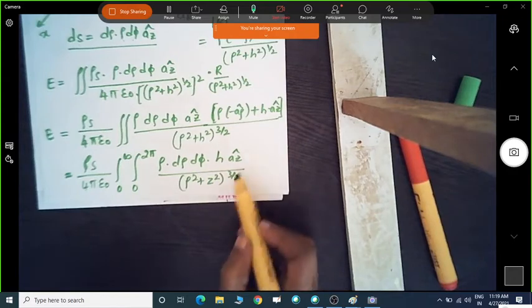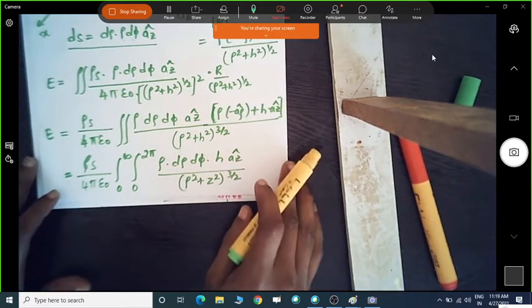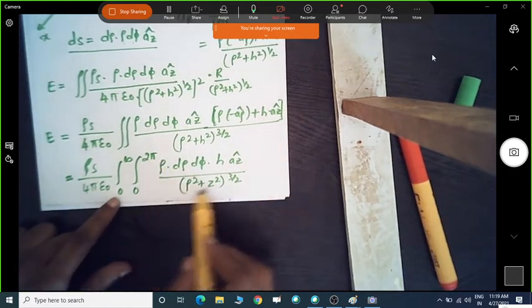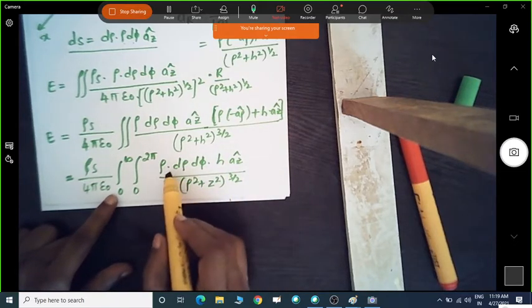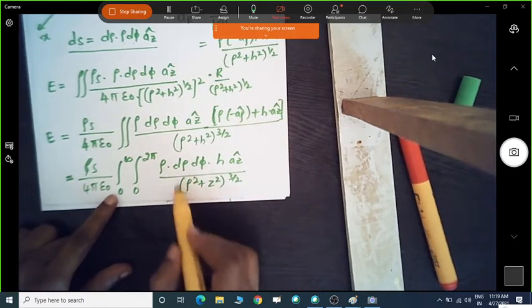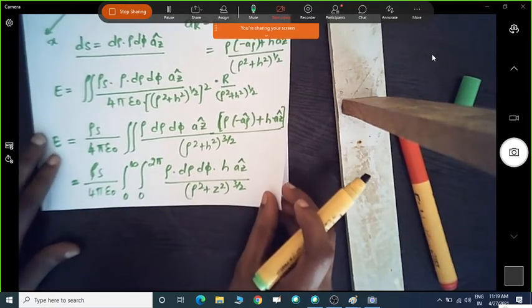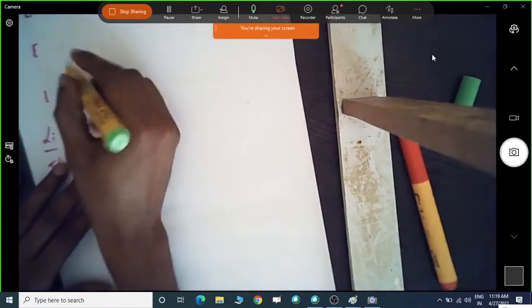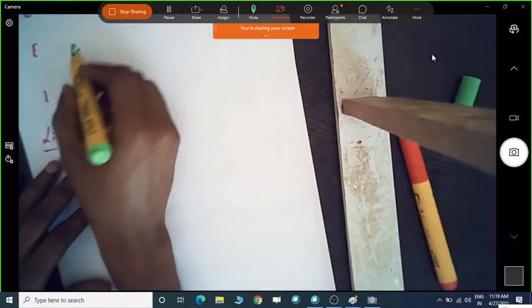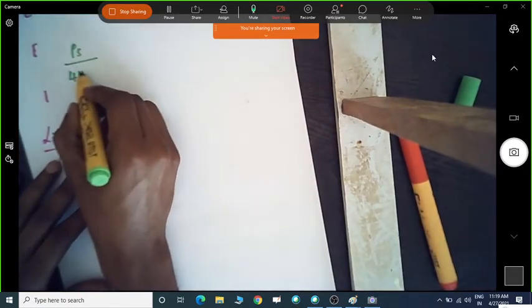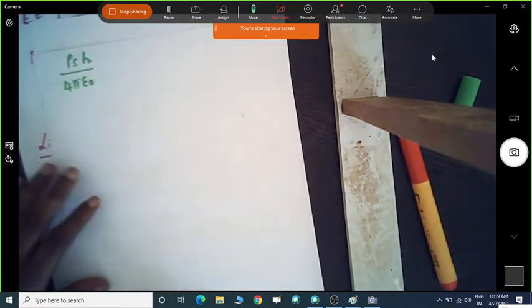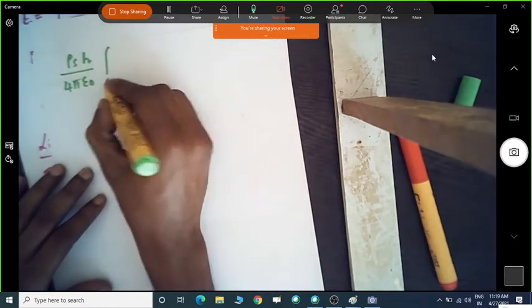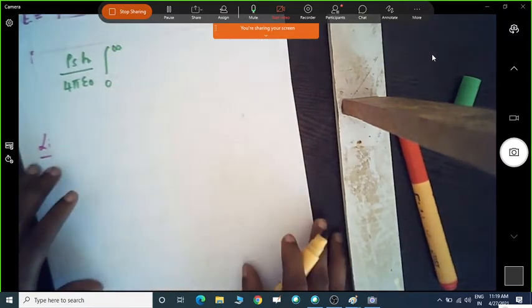Okay, so this is what we have, only the z component. Now we have to take the constants outside, and integrate with respect to rho and d phi. So if I take the constants outside, we will get rho_s divided by 4 pi epsilon naught. The value h is constant, I am taking it outside, and rho is varying from 0 to infinity.